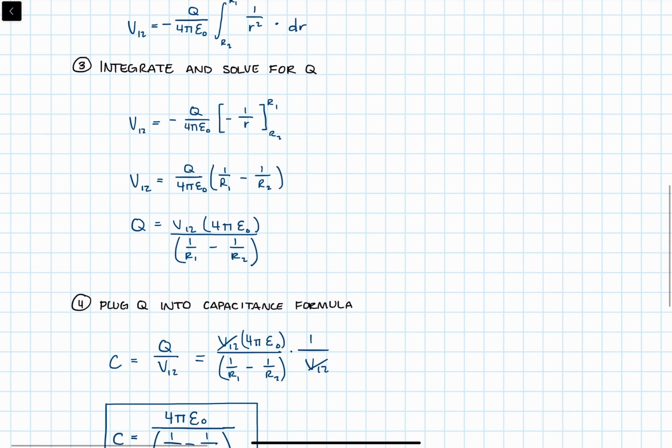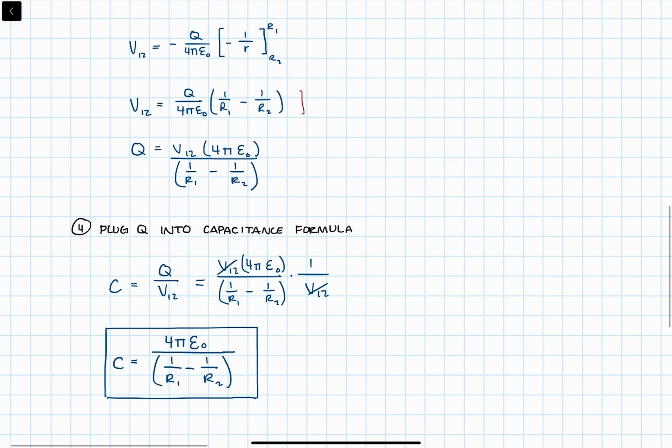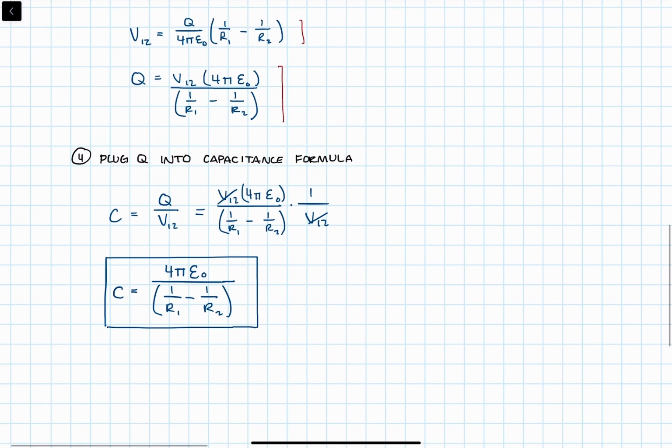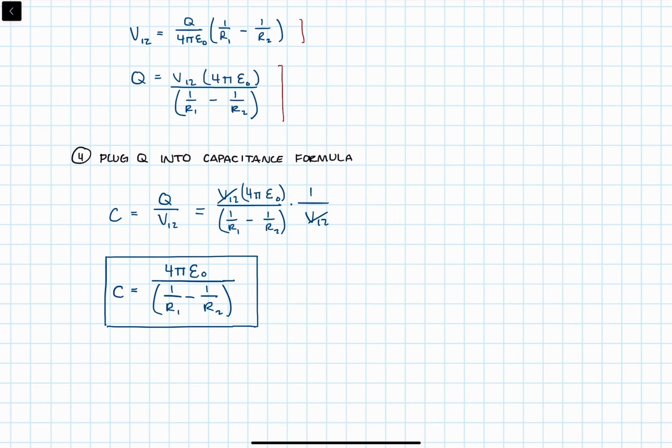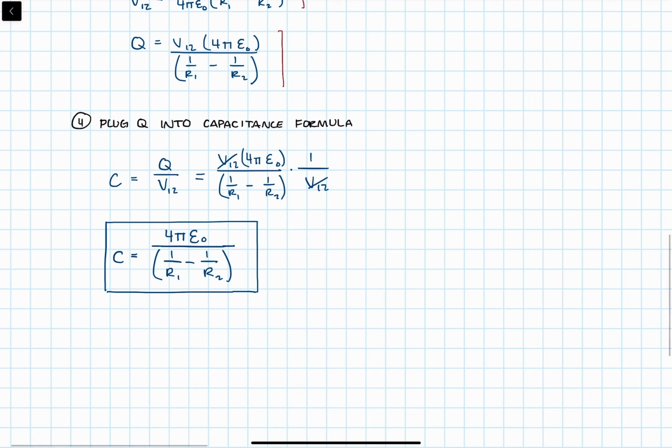With this equation, we can just solve for Q, and our Q is in terms of V12 and R1 and R2, which is good, because those are our given values. Then we plug that Q into the capacitance formula, and we end up getting that the capacitance is equal to 4 pi epsilon naught over 1 over R1 minus 1 over R2. That's all you need to solve for this.